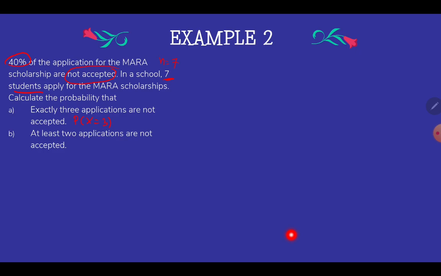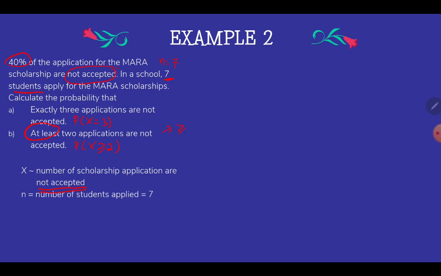B, at least, again, at least. When we talk about at least, we are talking about greater than or equal. At least 2, so we are talking about greater than or equal to 2. First of all, we need to define what our X is. Our X is defined as the number of scholarship applications that are not accepted.